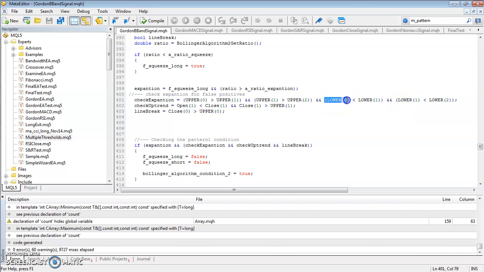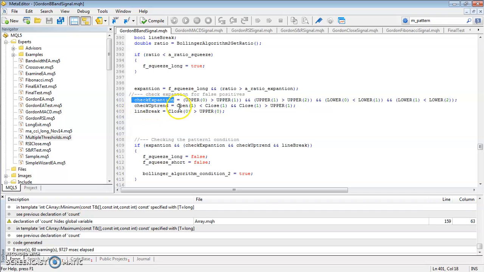So the current lower value is less than its previous lower value, and then that lower value is less than its previous lower value. Then it's a good indication of an expansion.